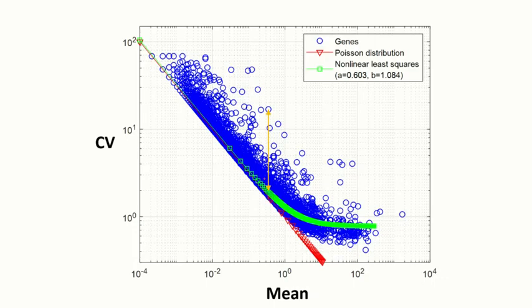But you observe that this gene jumps out from this curve quite a lot. So how far away it jumps from the curve is an indication of how noisy its expression is.